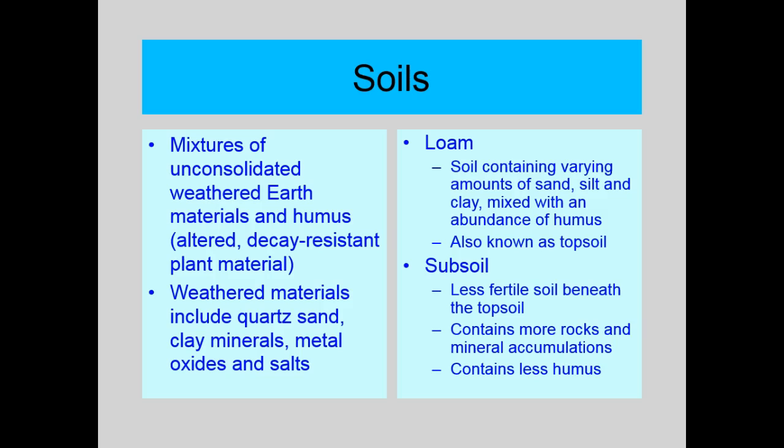In fact, I read or heard recently, like in the last few months, someone postulating that they thought, okay, let me back up. If I say the soil has a lot of humus in it, do any of you have a clue what that means? What would you picture if I said the soil has a fair amount of humus in it? That's altered, decay-resistant plant material.